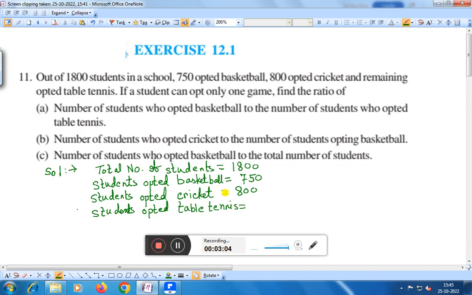That is equal to, you have to subtract the students who opted for basketball and cricket from 1800.